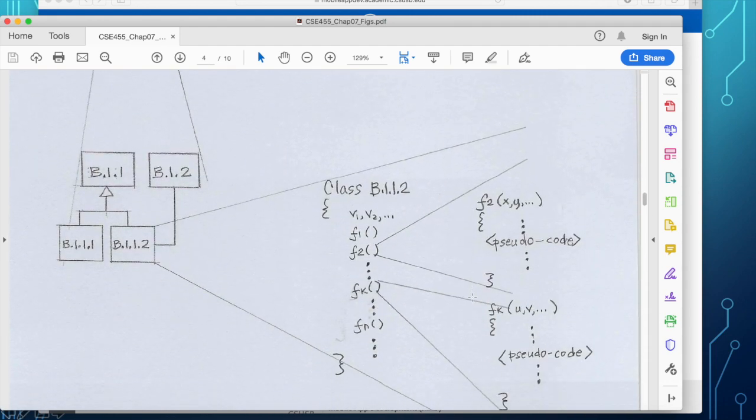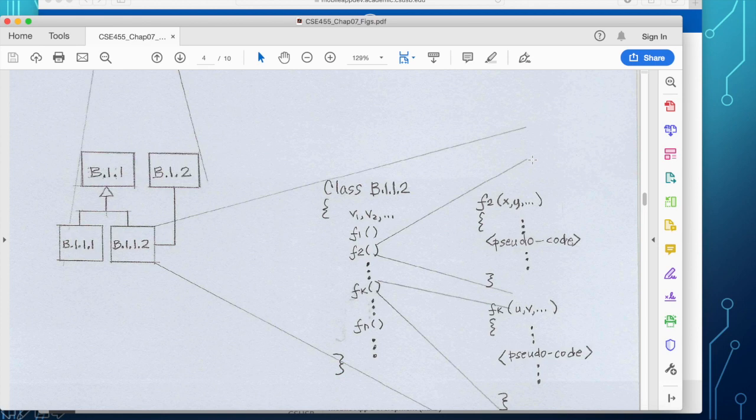Okay, and then for each of these classes, we define the functions inside the class. So there's F1, F2, up to Fn. Those are the methods. But for those important functions, we can write the pseudocode for that specific function.